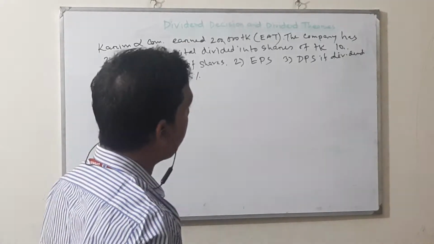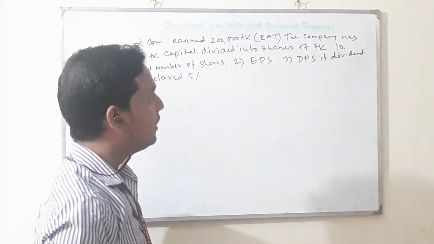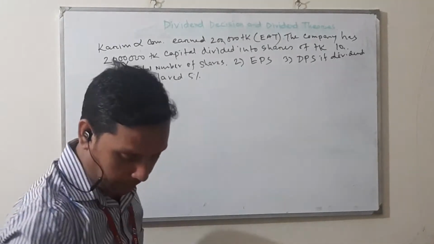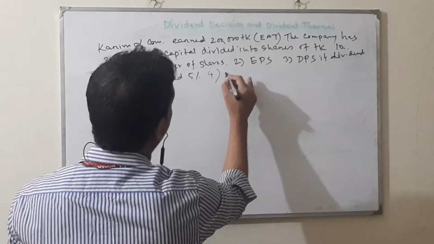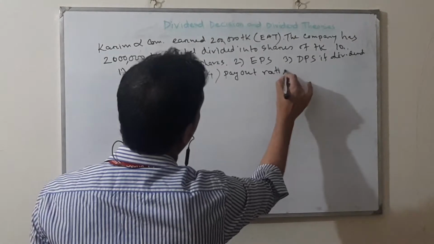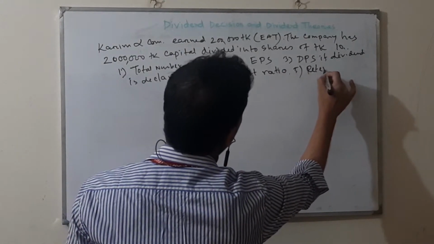Okay, you have to find out the DPS if dividend is declared at 5% rate. Then the payout ratio, then the retention ratio.